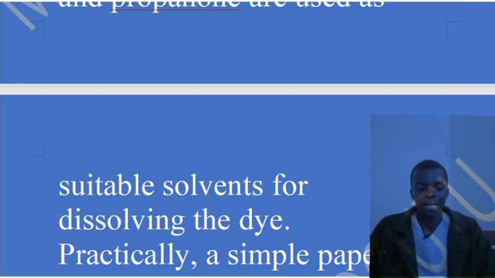In this case the absorbent material is paper, and the suitable solvent is either ethanol or propanol.